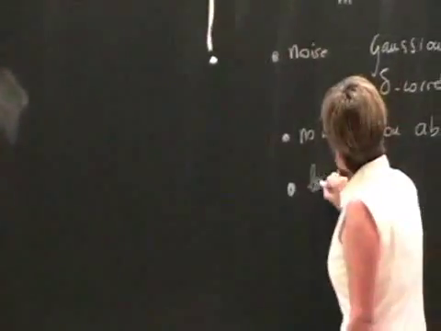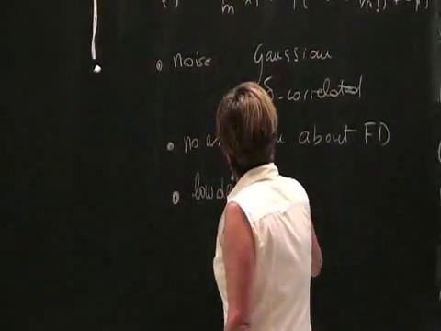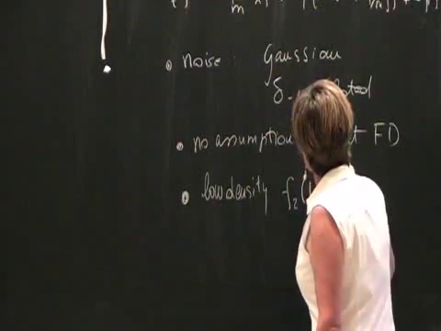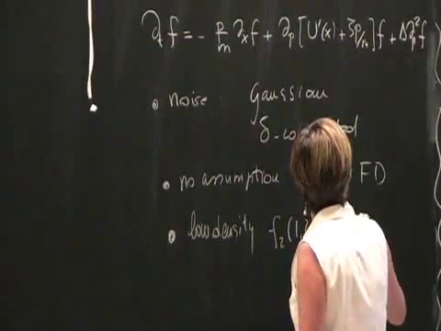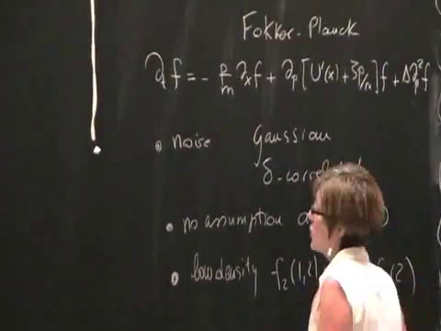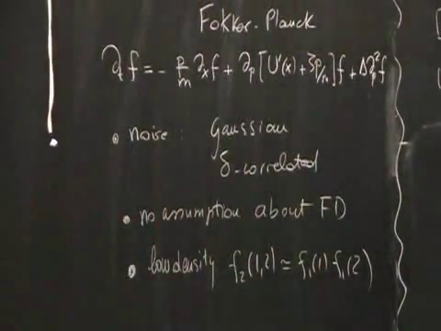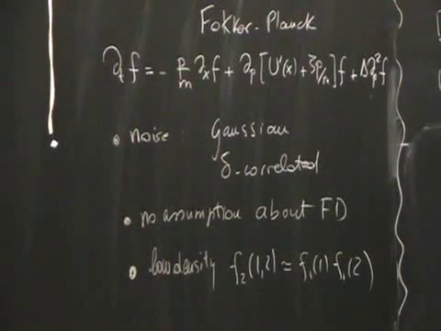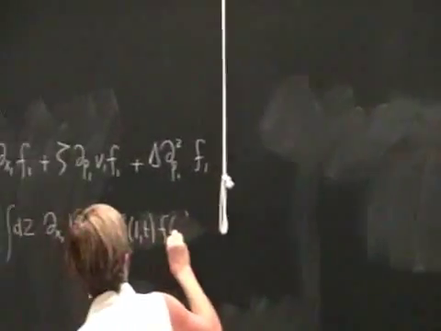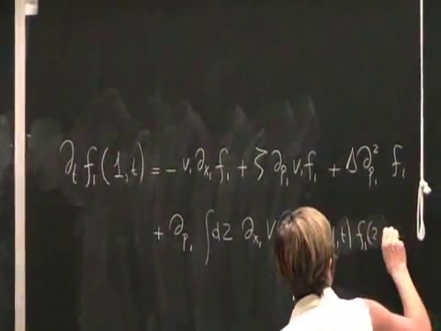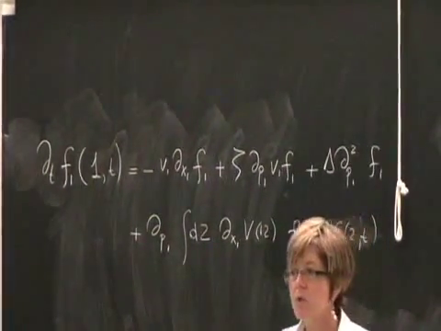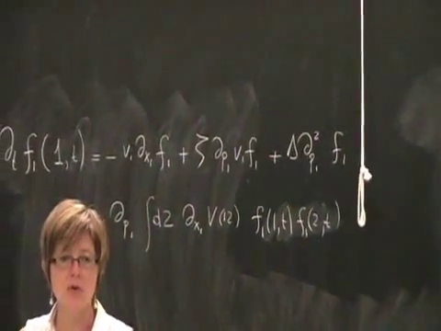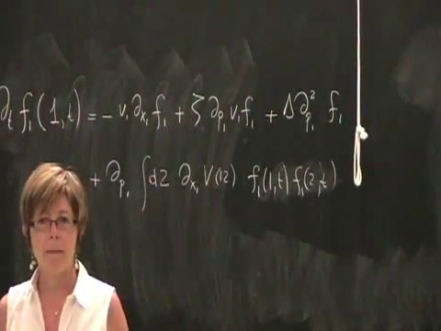We're going to assume we have, let's say, a low density, or more precisely, we neglect correlations, and we're going to assume that the two-particle distribution is just the product of two one-particle distributions. And once you do that, you have a closed equation for the one-particle distribution, which you are generally not able to solve, but at least there's a closed equation that you can try to do something with.